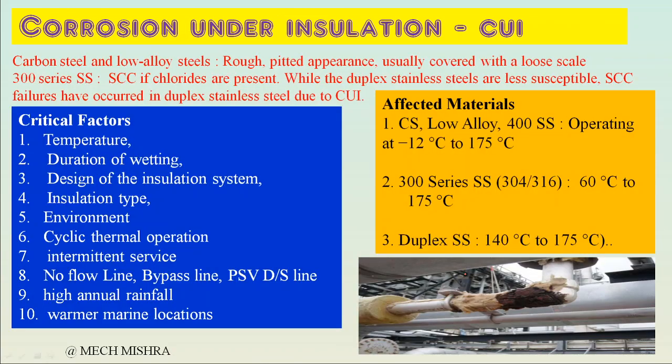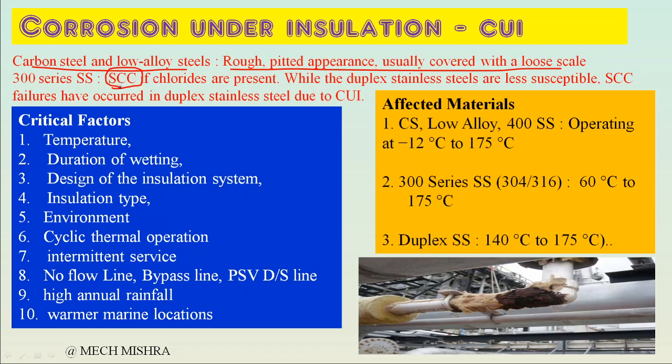Now, corrosion under insulation. What are the critical factors and materials affected? Carbon steel and low alloy steel are the most susceptible metallurgy. You can see a rough pitted appearance, usually covered with loose scales. In stainless steel also you can see external CUI, in the form of stress corrosion cracking.